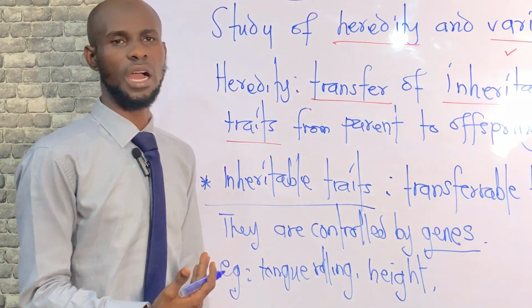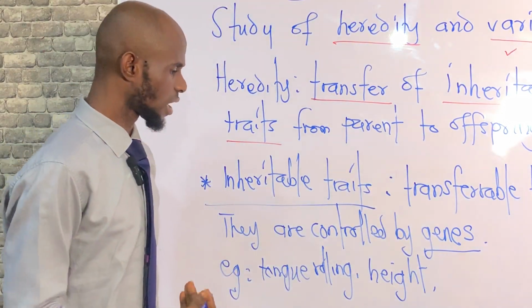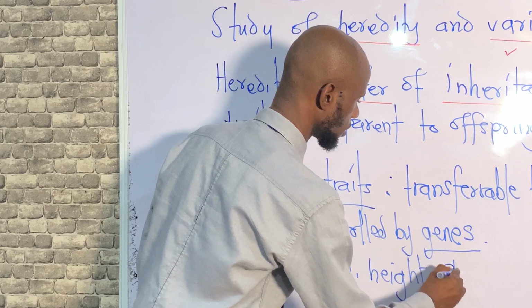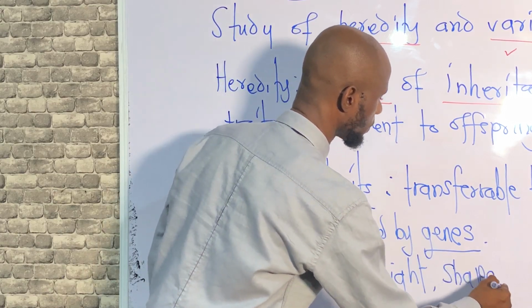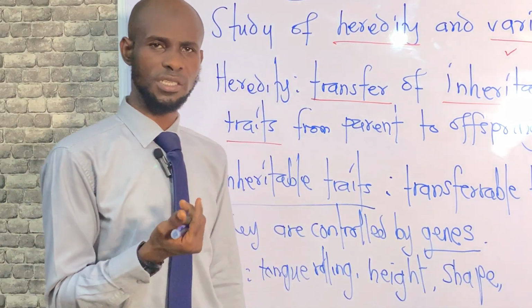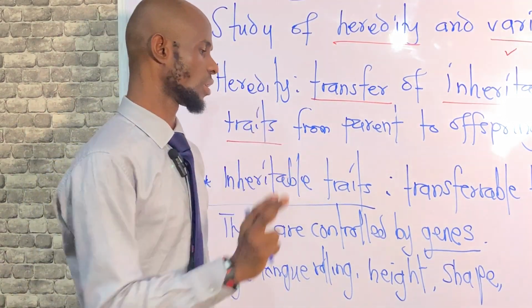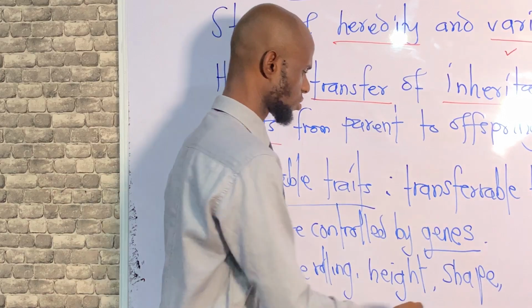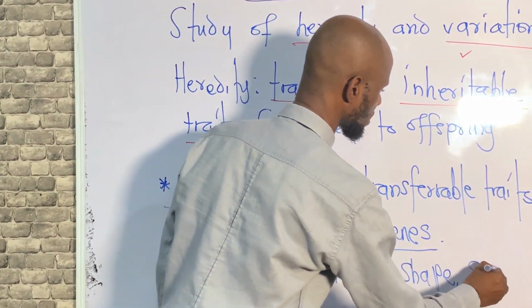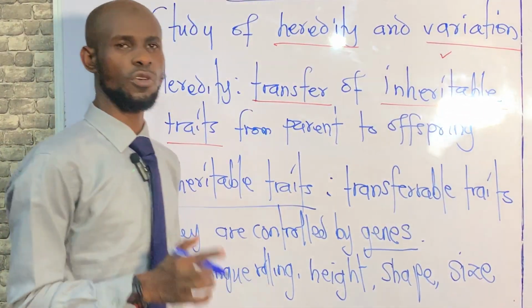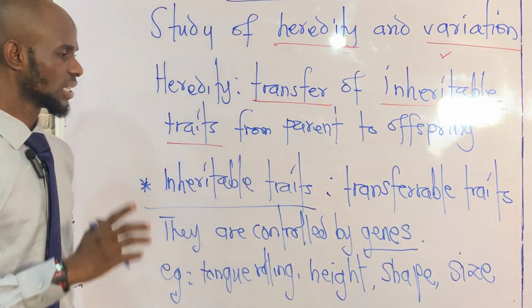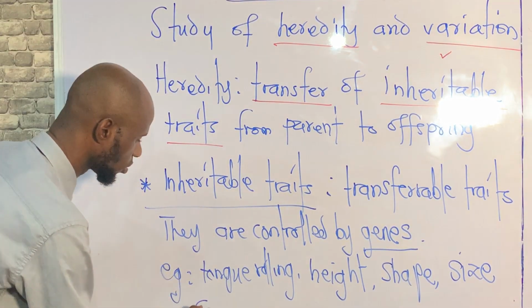The parent can transfer shape. So we have different types of shape. You can say the shape of the nose, the shape of the ear, so shape generally. The parent can also transfer what is called the size of the earlobe, for example. You can also transfer color.